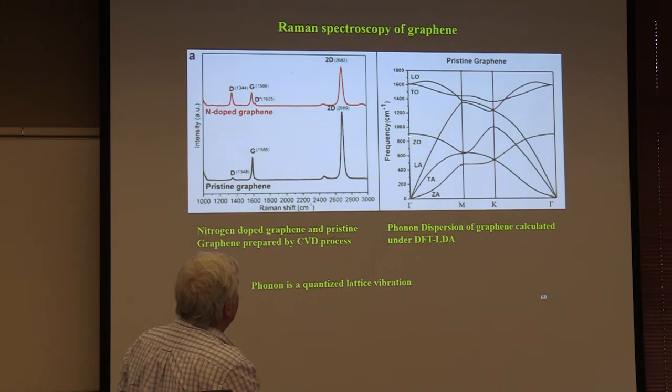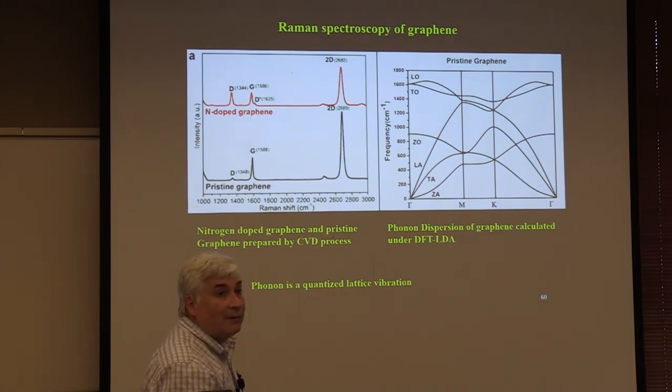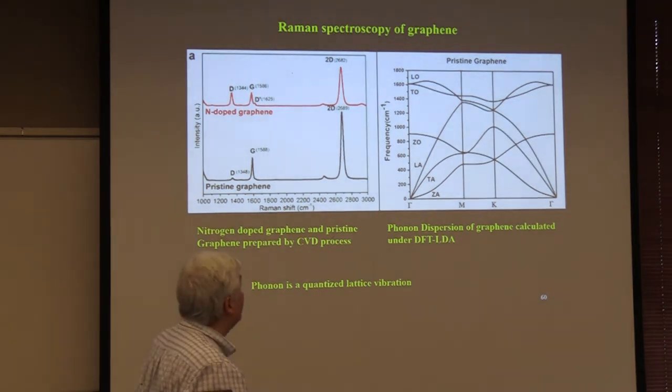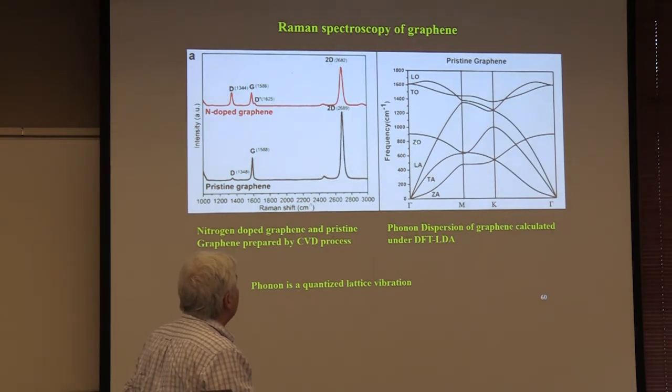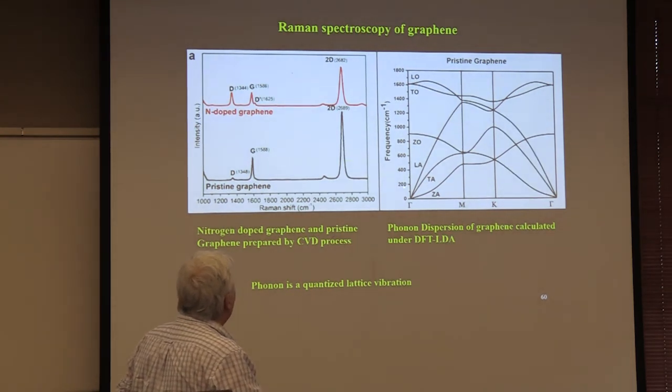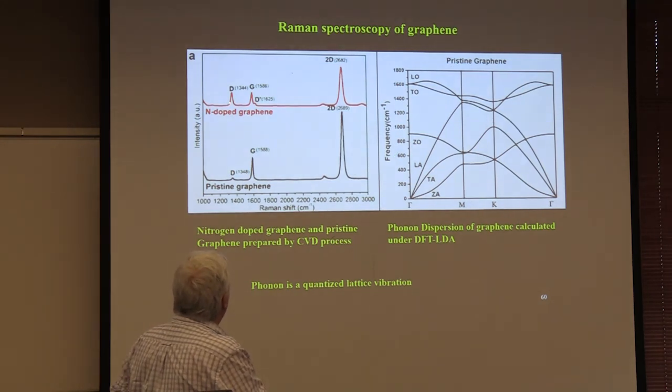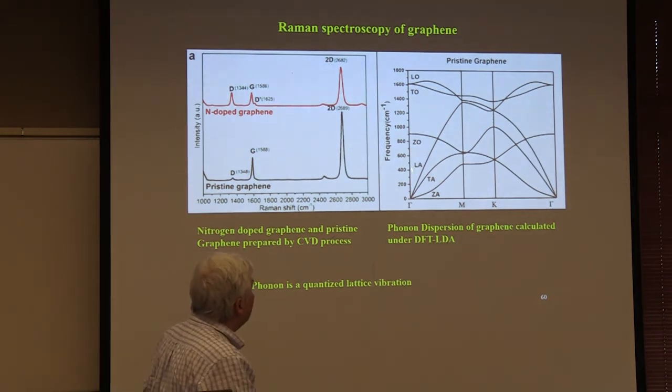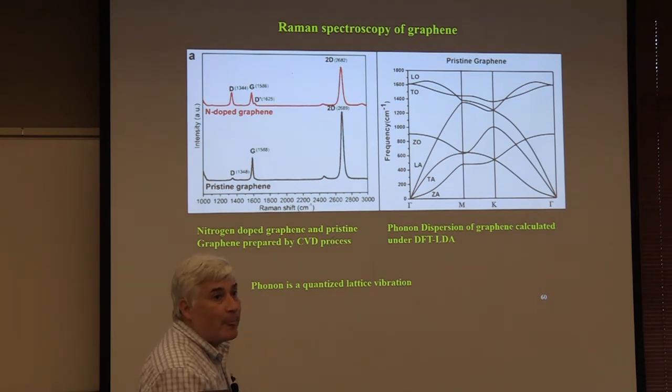Here are around 900. These are not Raman active. And there are some symmetry rules regarding Raman activity, but all the information is here. So at gamma, you see the G band. But what about the other bands, like the 2D, the D, the D prime? Believe it or not, they are here.